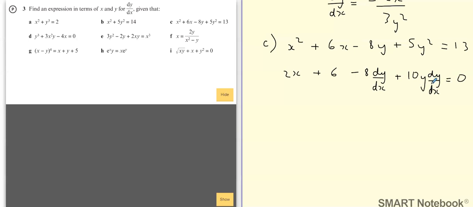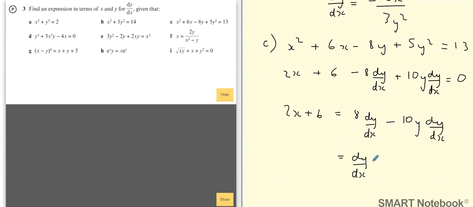Now I just need to make dy by dx the subject. I'm going to leave the 2x plus 6 on the left-hand side, and I'm going to move 8 dy by dx plus 10y dy by dx onto the right-hand side. It's not plus, it's minus now. So these are bits that you need to be careful of, the mistakes I'm making. So dy by dx, if I factorize that out, I get 8 minus 10y.